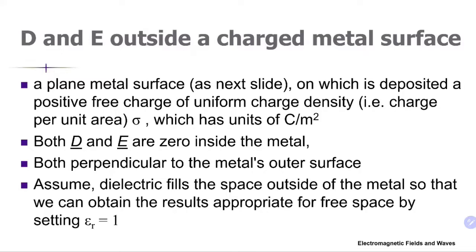So a plane metal surface, I'll show that in the next slides, on which is deposited a positive free charge of uniform charge density, charge per unit area, sigma. So the unit is coulombs per meter square, so it's per unit area.